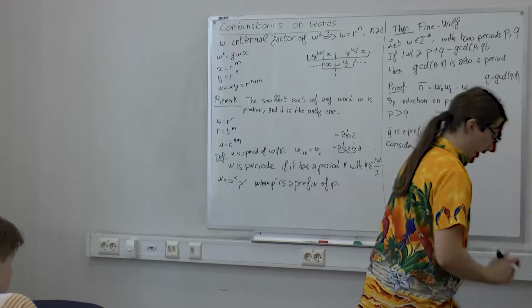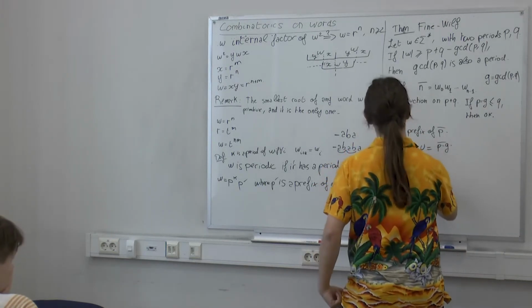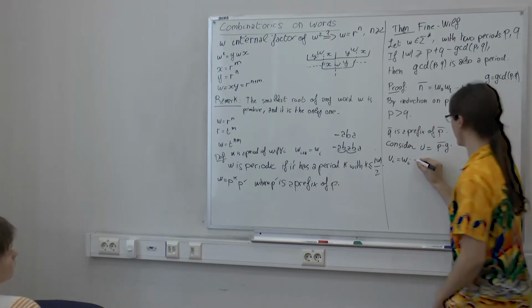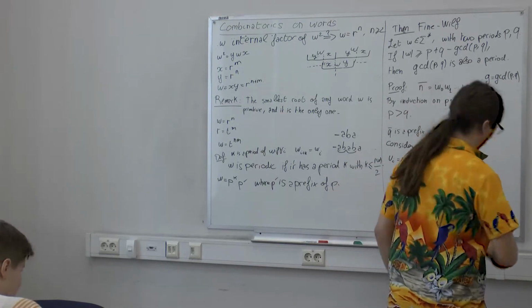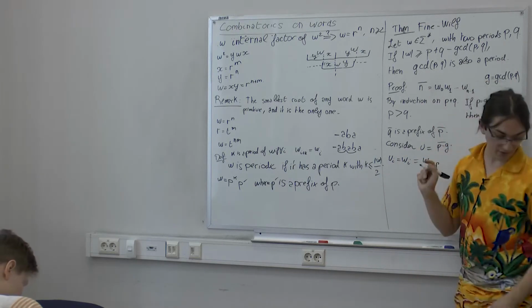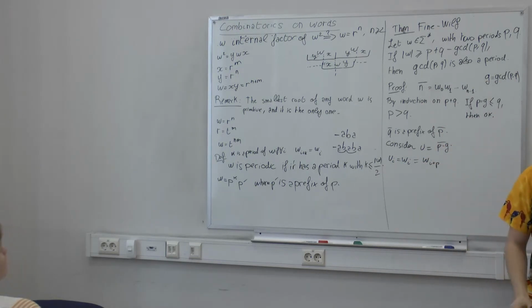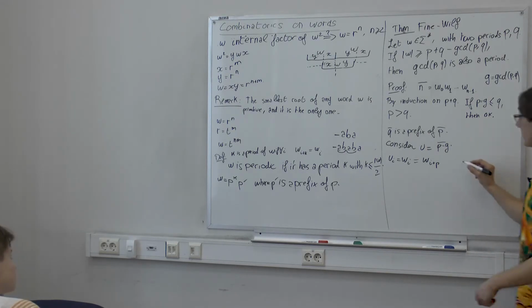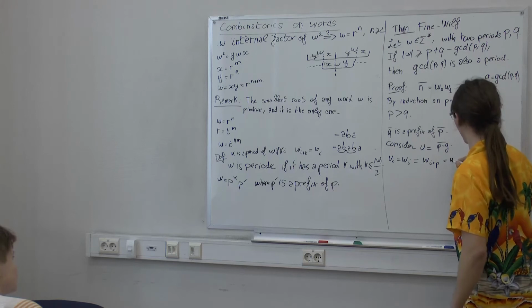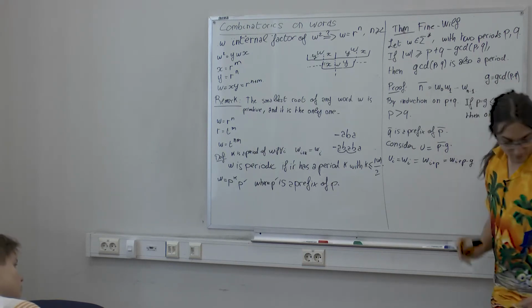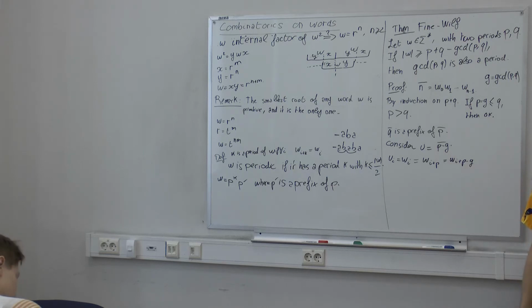We can write u_i equals w_i, just because it is a prefix, which is equal to w_{i+p}, because p is a period and the word is long enough, so we're safe, which is also equal to w_{i+p-q}.